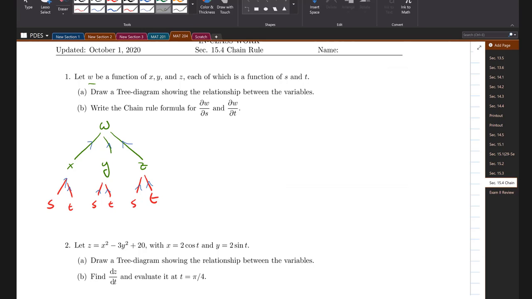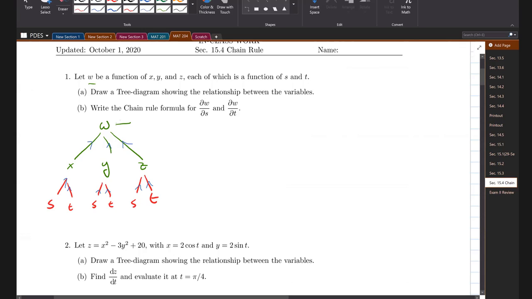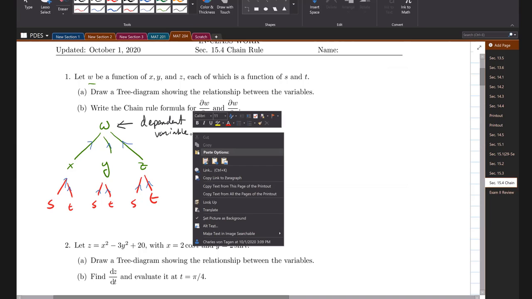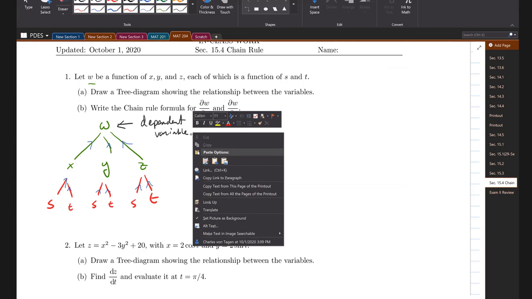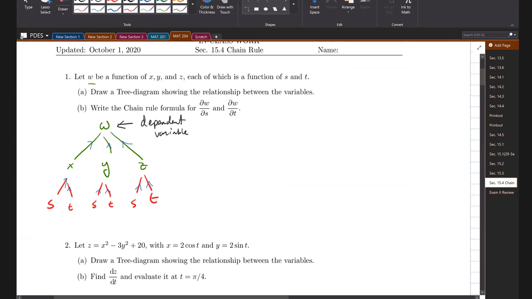Some terminology here. W is the dependent variable. My s and t are my independent variables.